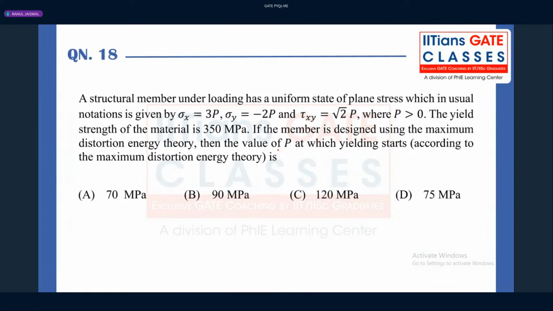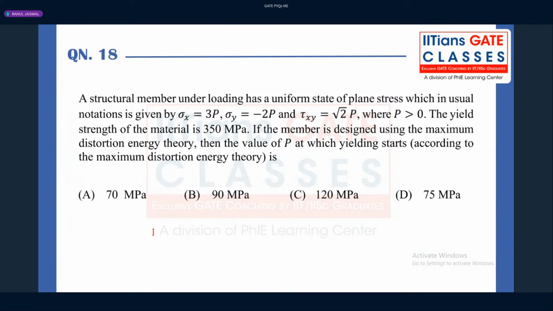Try to see the question number 2. What they are asking: a structural member, which is subjected to loading condition has a uniform state of plane stress, which is usually given the notation sigma x, sigma y, and tau xy. The yield strength of the material is 350 megapascal.